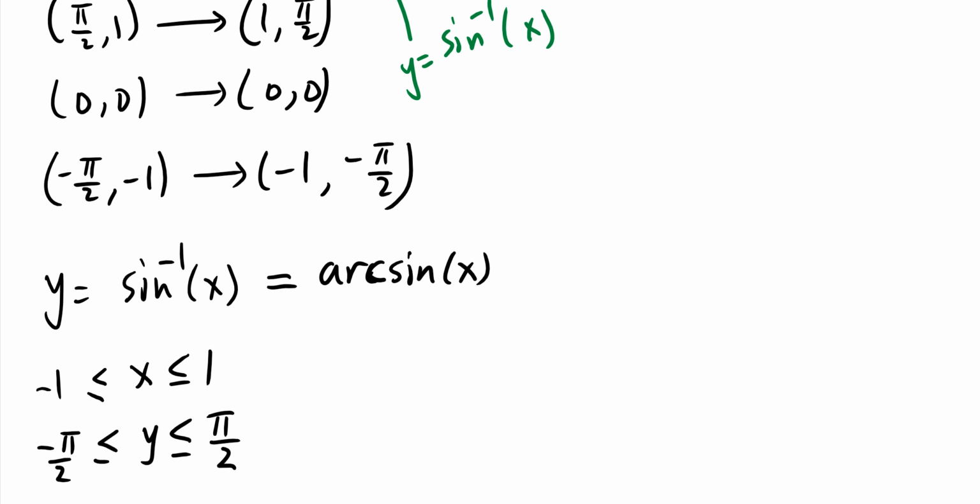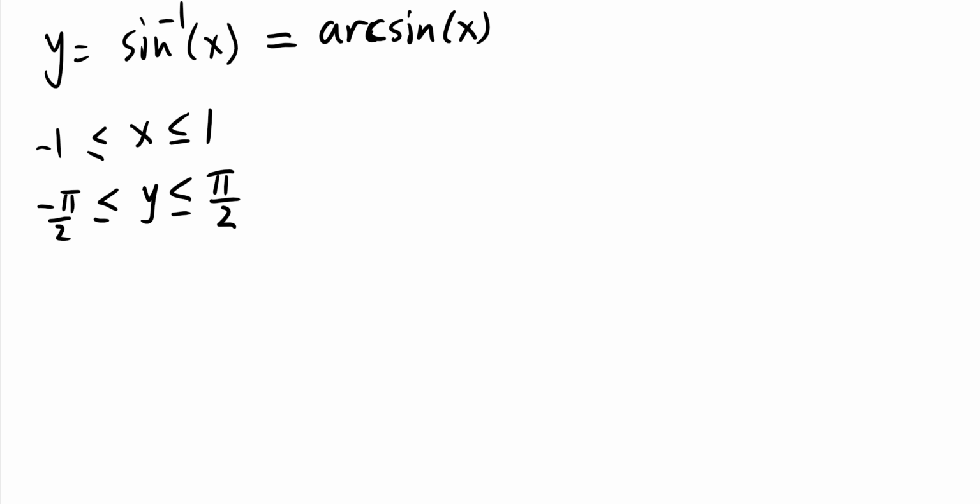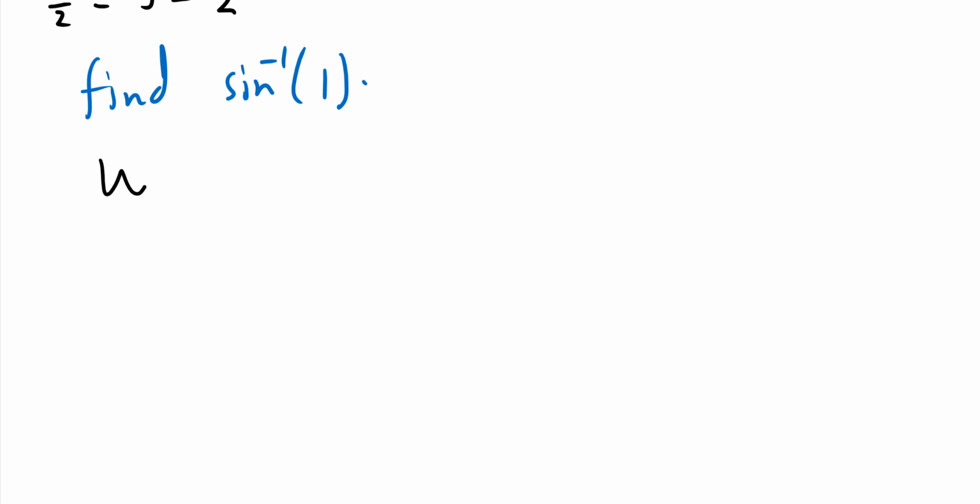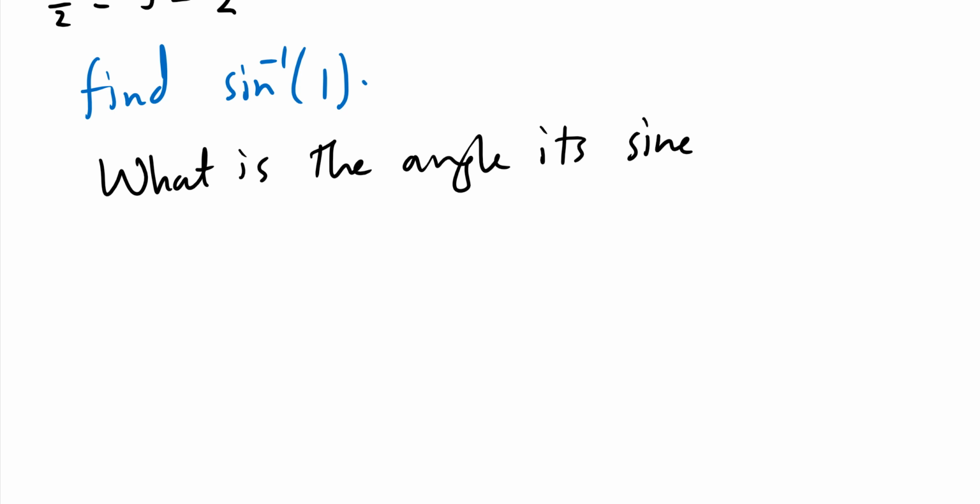Now, what does it mean when someone asks you to find or determine, let's say, sine inverse of 1? What does that mean? Well, this is asking what is the angle whose sine is 1? So kind of like backwards.